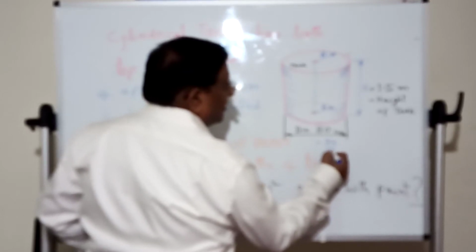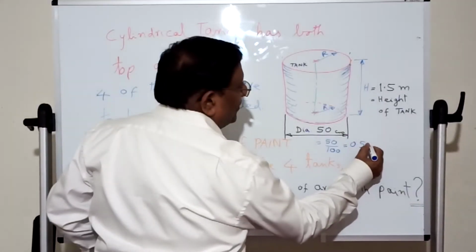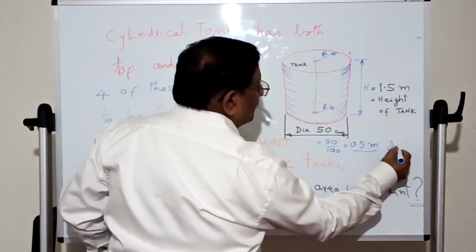So how much will you get? 50 centimeters is 50 divided by 100, because 100 centimeters is 1 meter, and that is 0.5 meters. This is the diameter.